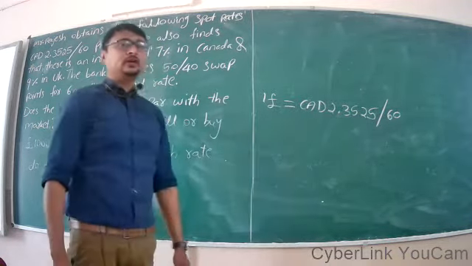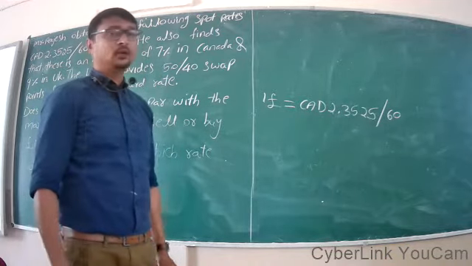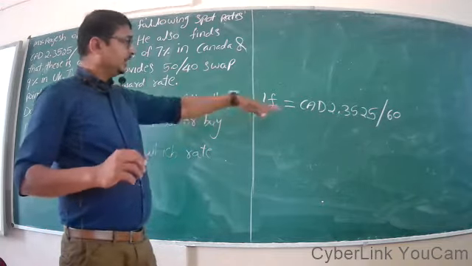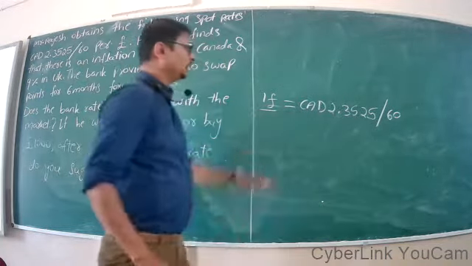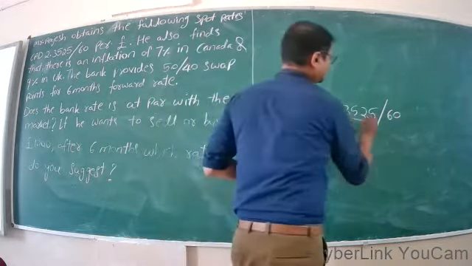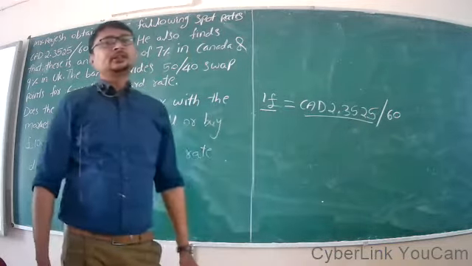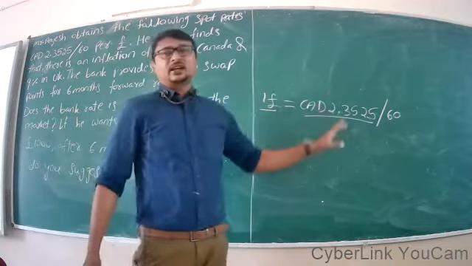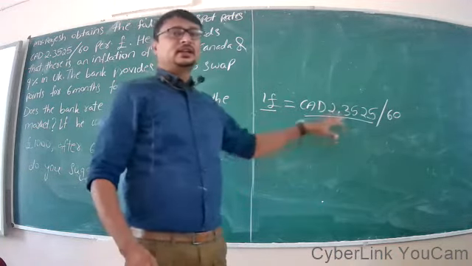To identify which one is the home country and which one is the home currency, this is the direct quotation. If we see this, for 1 sterling pound, the quoted currency is the Canadian dollar. So with the help of the direct quotation concept, we consider Canada as the home country and the Canadian dollar as the home currency.